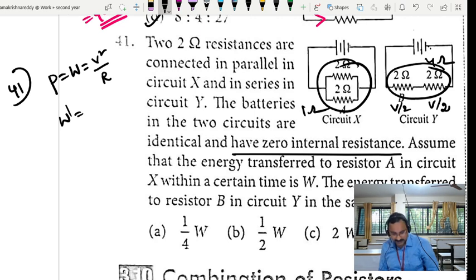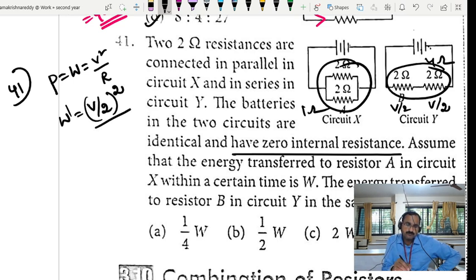In the second case, W dash is equal to, what about the potential difference now? We have to see that in this case. V by 2 whole square divided by R, resistance.